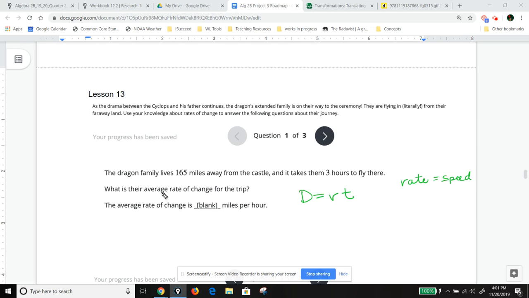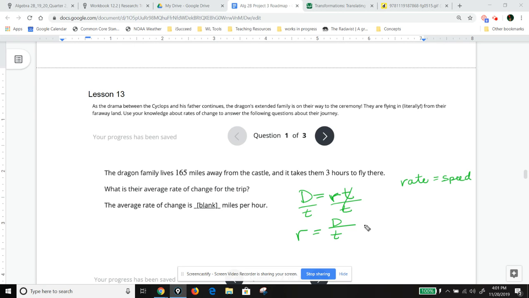We are trying to find the average rate of change, so I want to solve for r. I would isolate r by dividing by t. Now I have the rate of the dragon flying, which is equal to the distance they travel divided by the time.